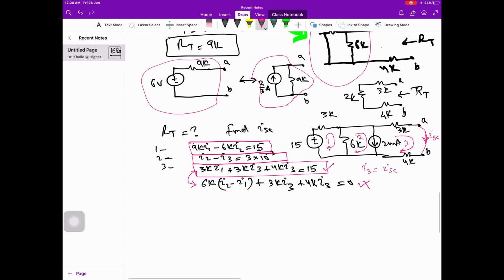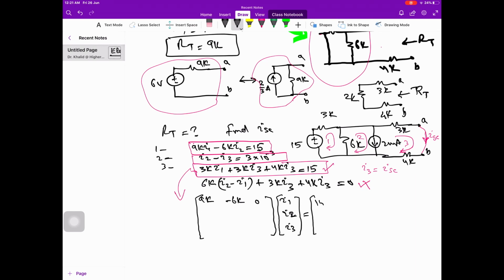Finding I1, I2, I3 due to these loops, if I represent it again, it is 9k I1, minus 6k I2, and there is no I3 term because loop 3 and loop 1 are not adjacent loops, and the right hand side is equal to 15.